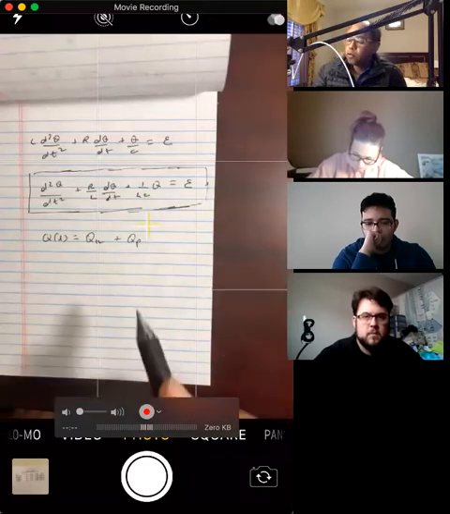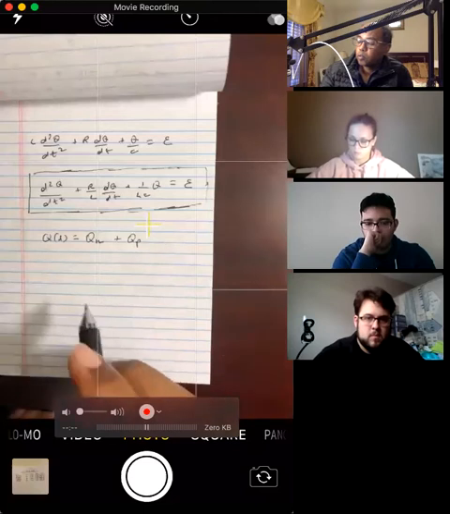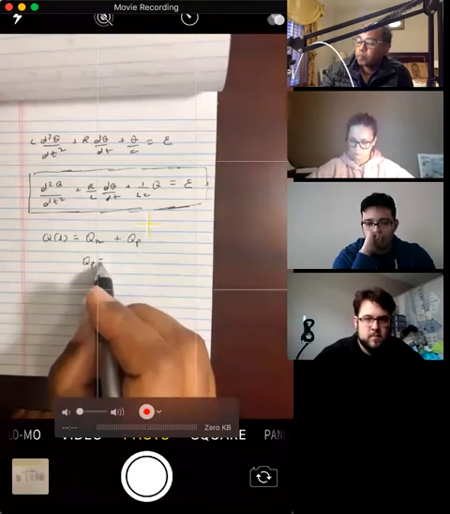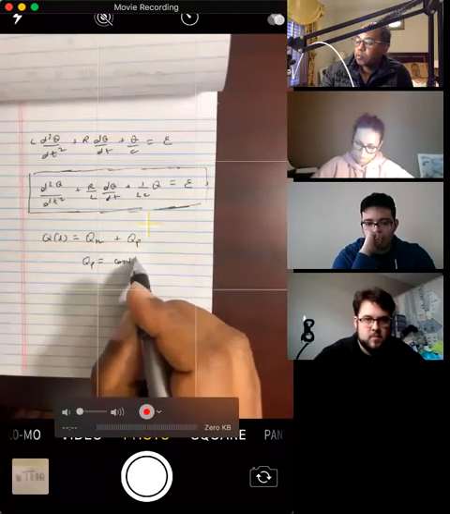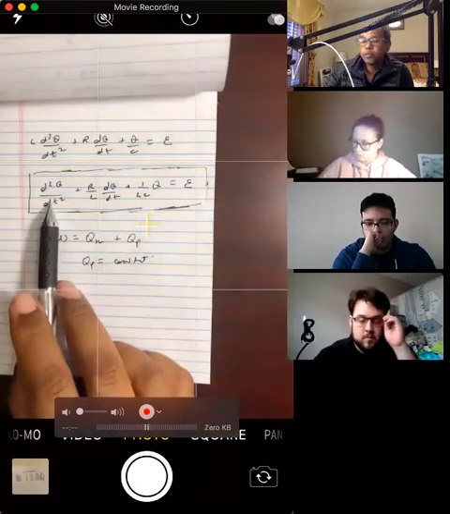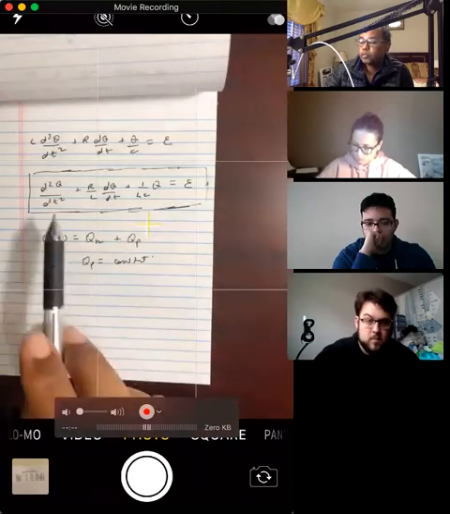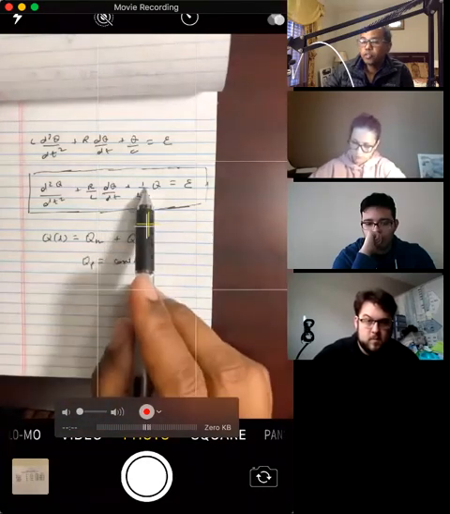Okay, so for QP, we're going to assume QP to be a constant. We have an easy solution if we assume QP is a constant. So this becomes 0, this becomes 0, since the derivative of a constant is 0. You just have this term over here.